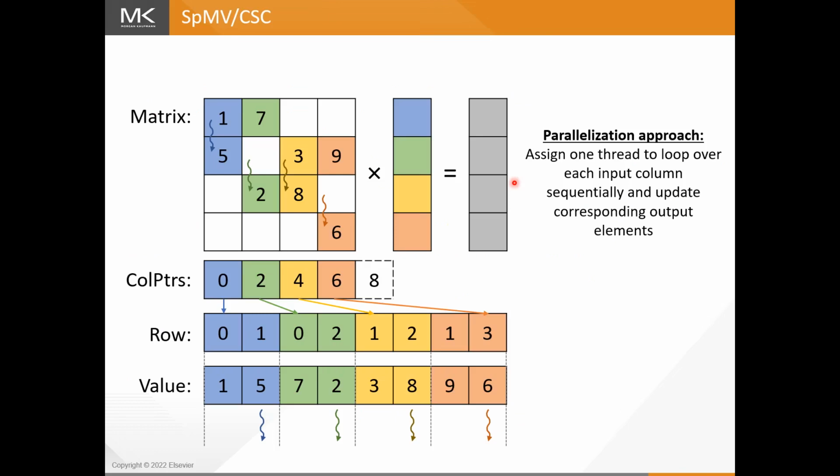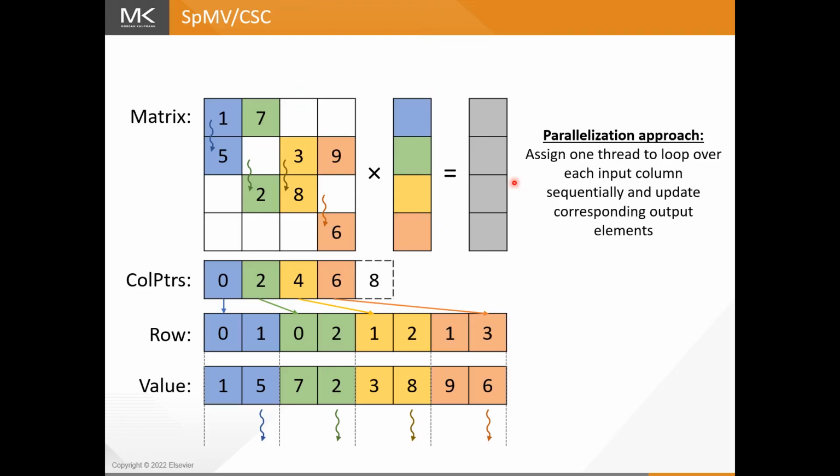So accesses to the matrix are bad, accesses to the output vector are bad. What about the input vector? The accesses to the input vector are coalesced. So as you can see, COO optimized the accesses to the input matrix, CSR optimized the accesses to the output vector, and CSC optimized the accesses to the input vector. Okay, so the different formats favor different memory structures when we access them.